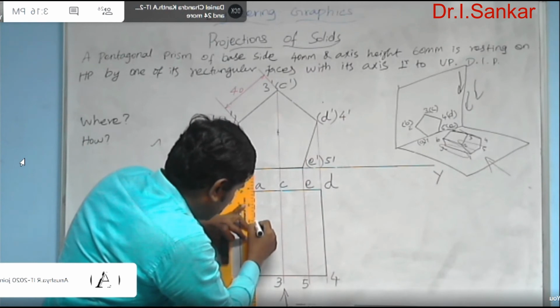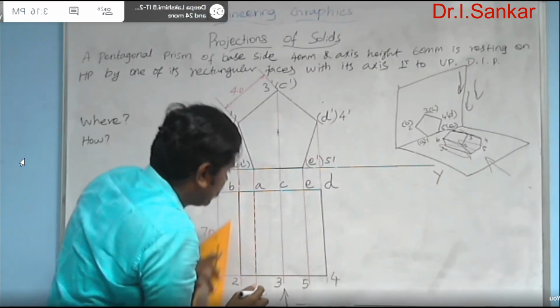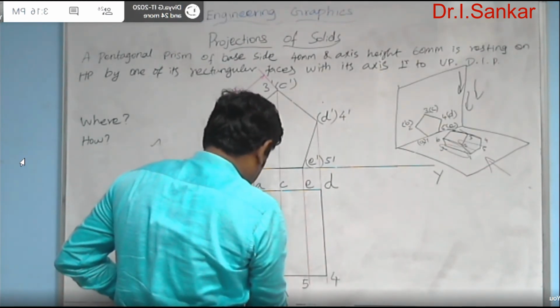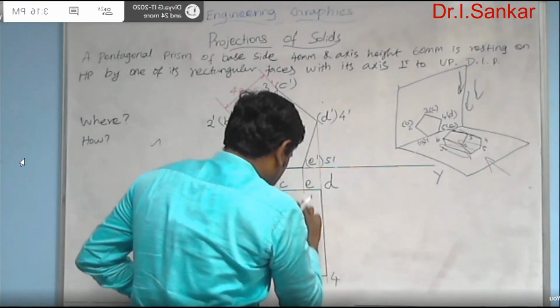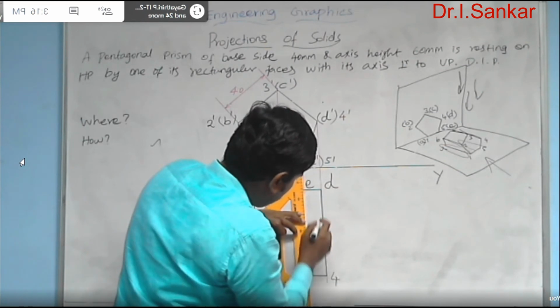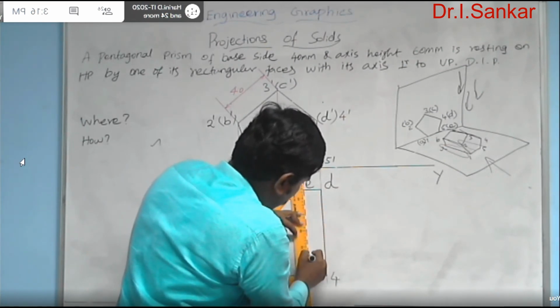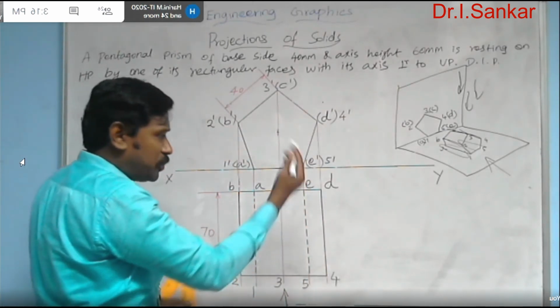Use HB pencil only, but the line format you need to follow here is dashed line format. And 5. And what about the edge 3C? It's purely a visible edge.